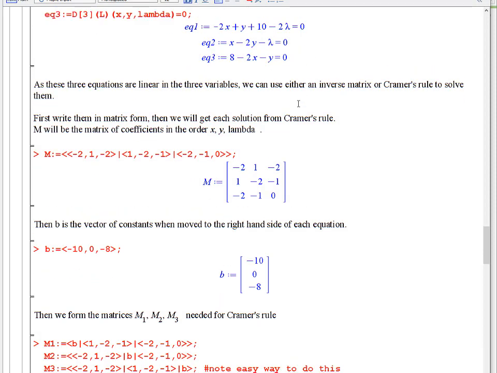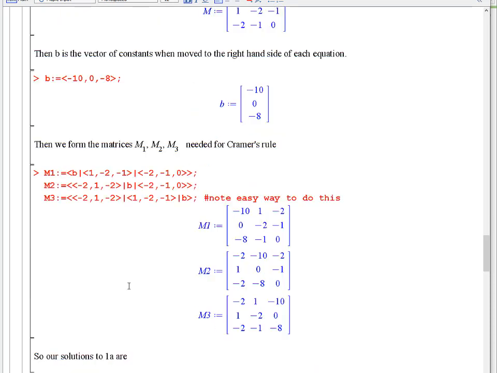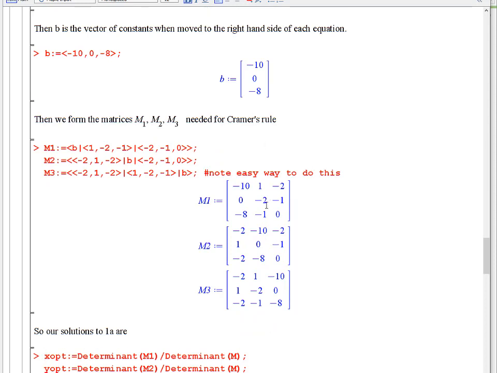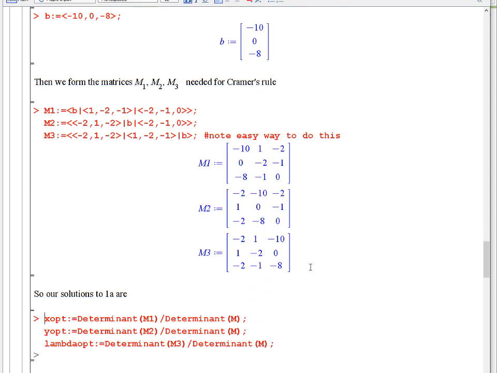And then you need, as well as this matrix, the extra matrices when you put the right-hand side into this column, this column, this column. So you know there's an easy way of doing that, writing it in Maple. Okay. And then the solutions to those simultaneous equations just drop out: this determinant divided by the original determinant, and then this one, and so on.